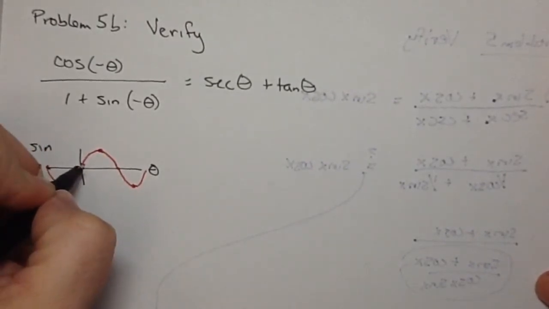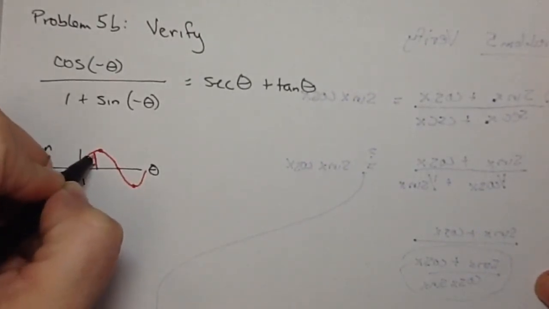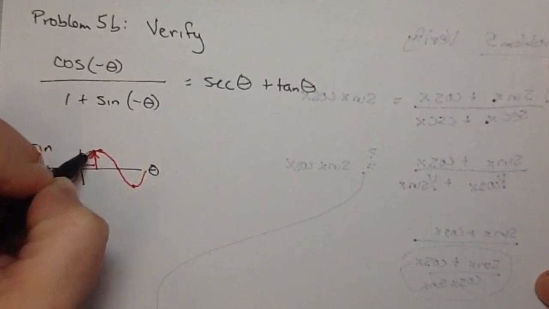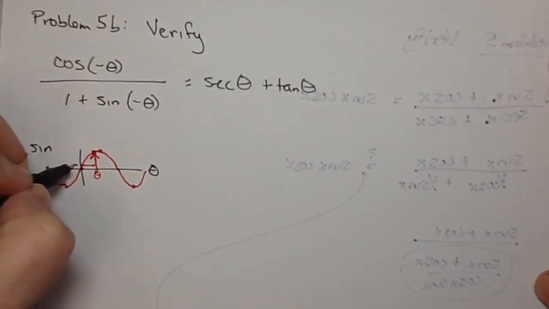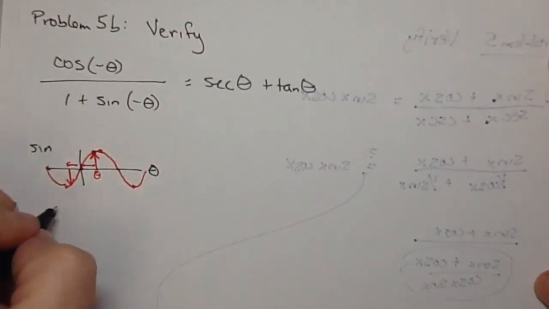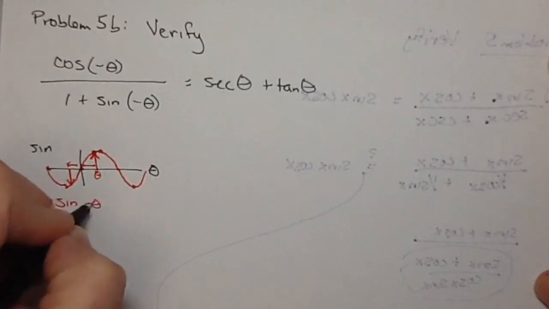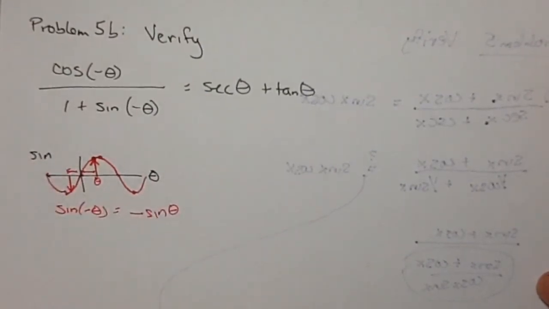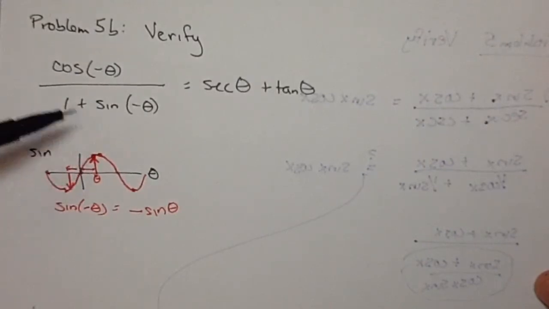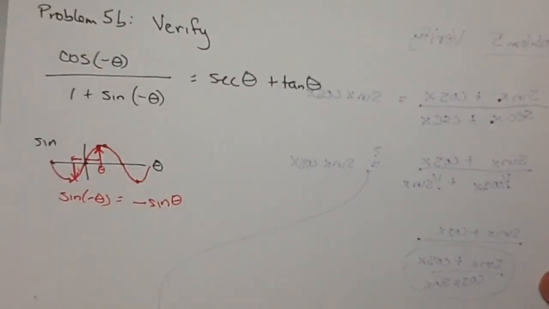Notice that if you go to some value here, the sine of theta is a positive number. But if you go the same distance on the other side, the sine of negative theta is in fact the opposite of sine theta. Because this one is positive and this one is negative.